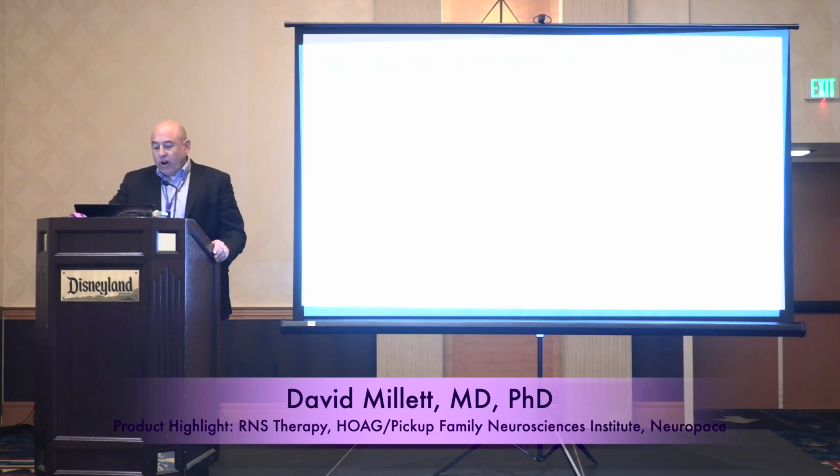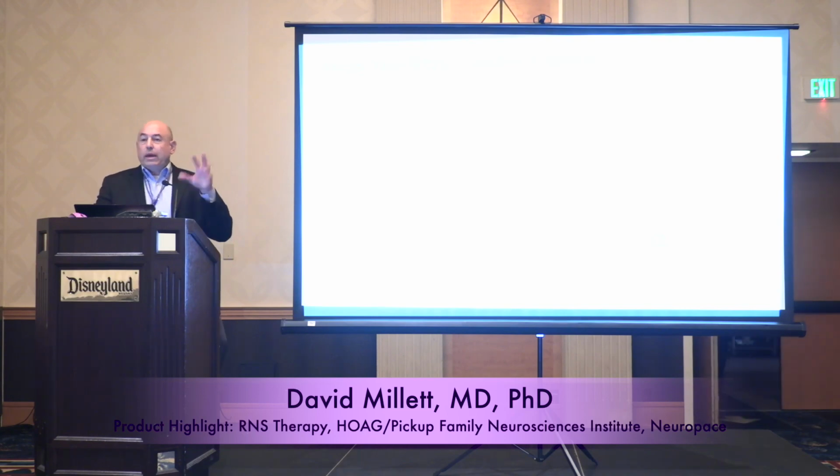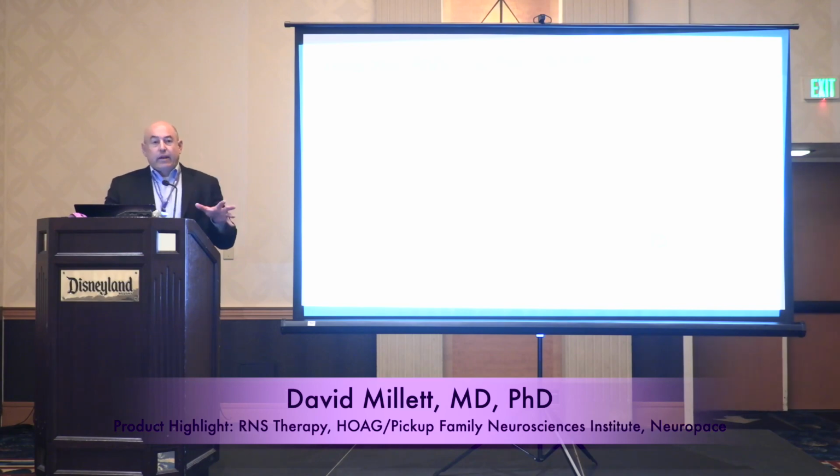I'm going to just talk for a few minutes about how the RNS system works. So as I mentioned, when we implant the system, we've already identified the areas of the brain that are generating the seizures, and then we implant electrodes either on or in those structures, and those wires are then connected up to the little device, the computer that is circulating the room.